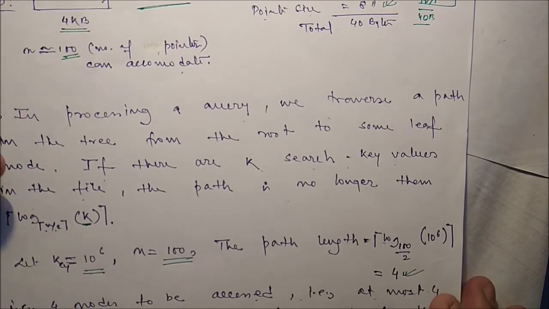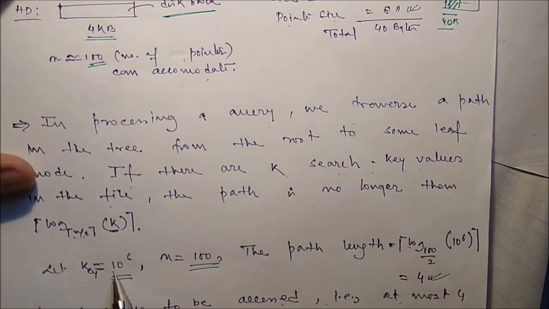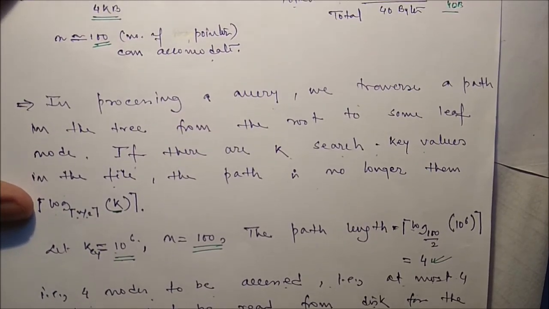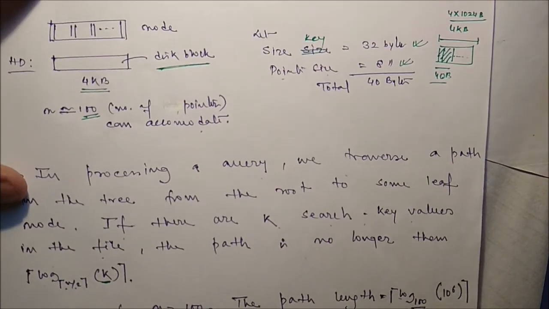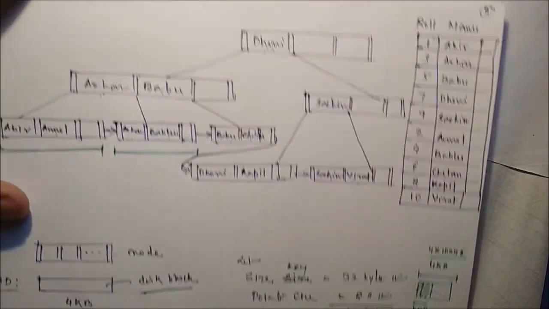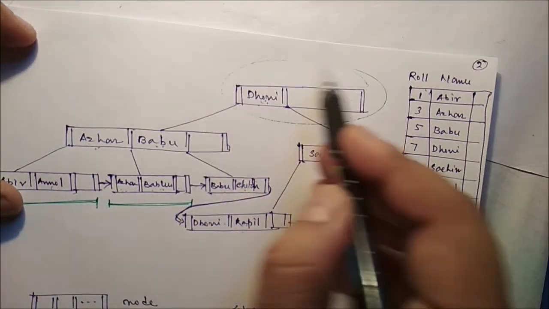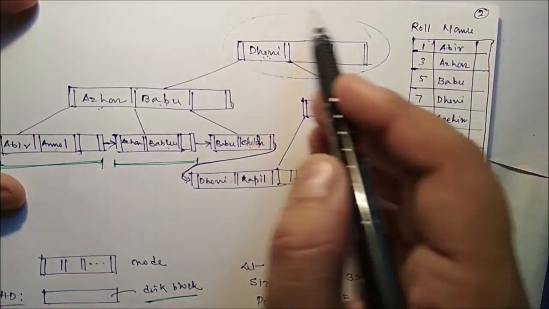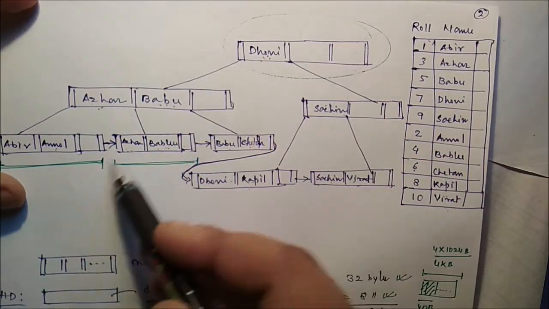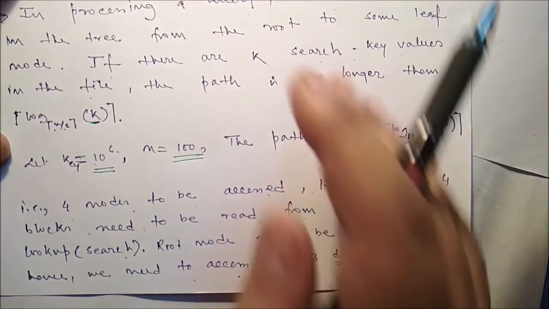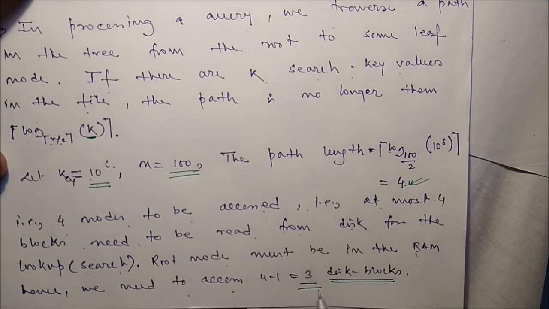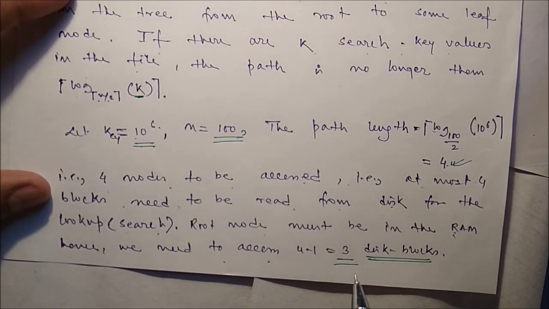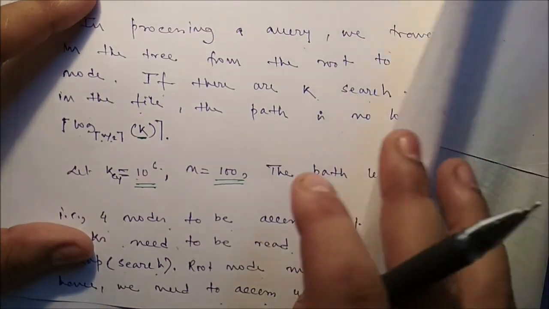The path length is 4, but the root node is always present in primary memory, so it is not required to fetch that block. We only fetch the internal and leaf blocks. So at most we access only 3 blocks. You can see how much efficiency is achieved. It's a great efficiency.